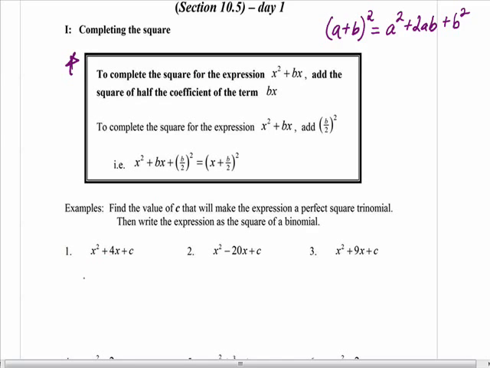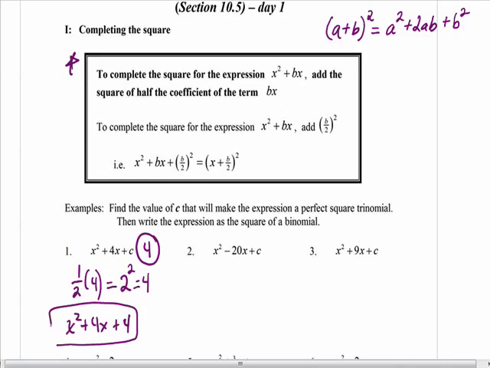So the coefficient of b is 4. So you're going to take half of 4, which is 2. And then when you square 2, what do you get? 4. So the answer for c is 4. If you had x squared plus 4x plus 4, that would be a perfect square trinomial.